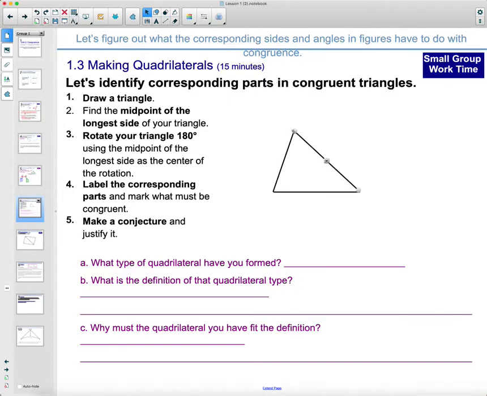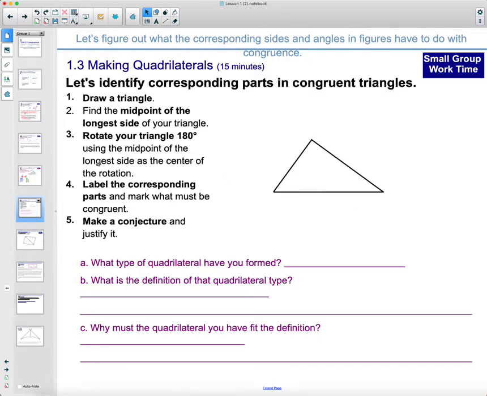Then it says find the midpoint of the longest side, so determine which side is longest. You can use a compass or whatever you need to figure out which one's the longest.